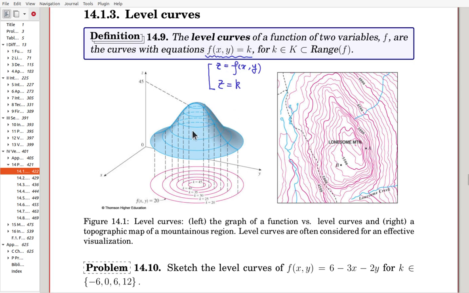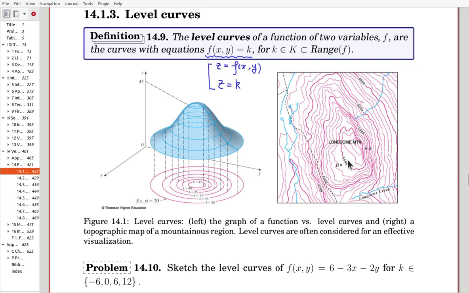So practically, from this graph, we use a horizontal plane and cut the graph. Then you can see such contours. Once it is depicted on the xy plane, then that is the level curves.